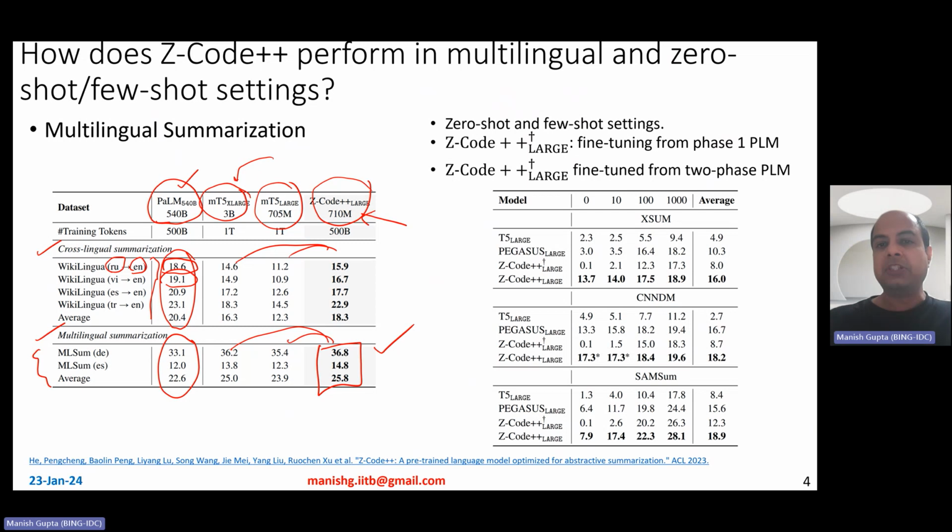Okay. So in zero-shot and few-shot settings, to evaluate how good Zcode++ is in these settings, they experiment with 3 datasets, XSum, CNN Daily Mail, and SAMSum, right? And compare with 4 different models. And in these 4 different settings, these are basically how many examples from these datasets you used to fine-tune the checkpoint, right?